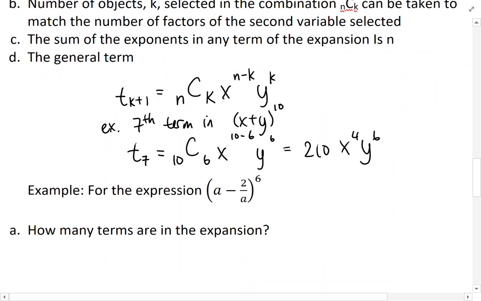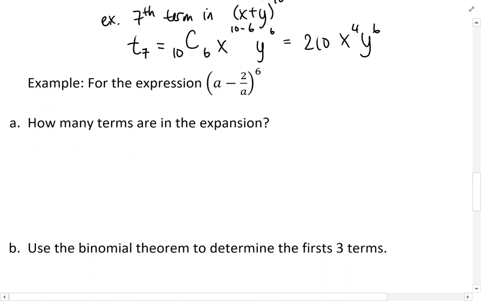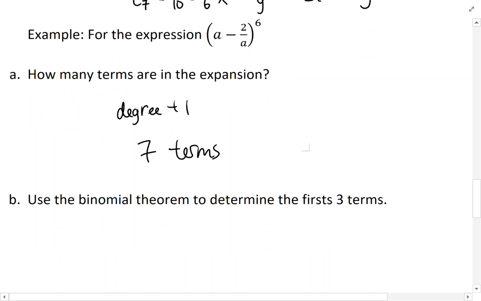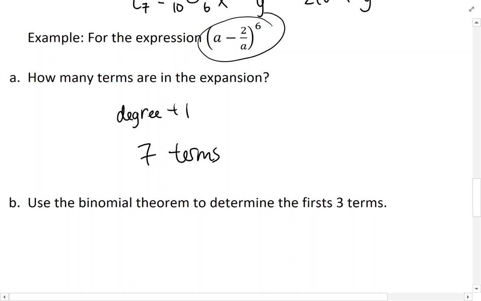All right, so let's look at this example here. For the expression (a minus 2 over a) to the 6, how many terms are in the expansion? Well, degree 6, so it's going to be degree plus 1, which is 7 terms. Now we're just going to use the binomial theorem to determine the first 3 terms. So again, it's still looking at that same binomial.